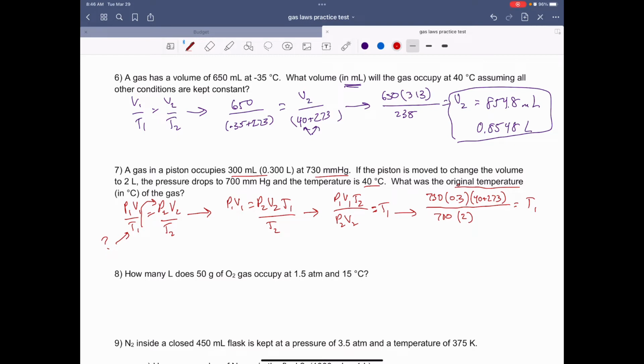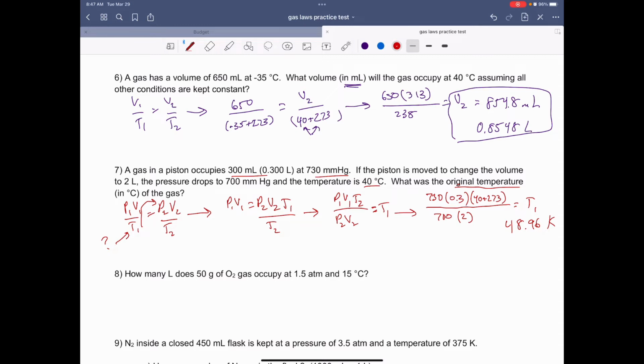So now it's just calculator time. 730 times 0.3 times 313 divided by 700 times 2. And I get 48.96 degrees Kelvin, which is pretty darn cold, but it is what it is.